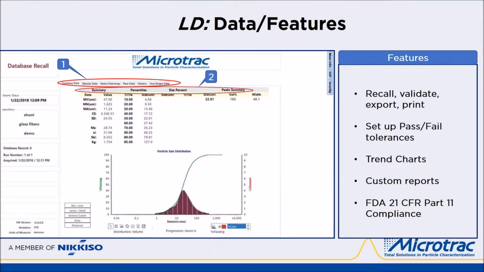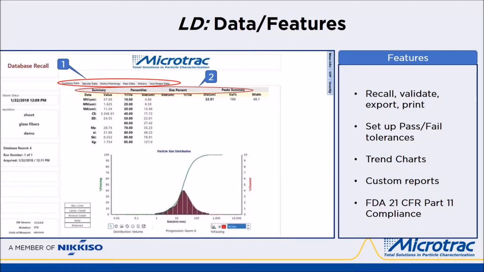A few slides here on the laser diffraction data from the SYNC. Callout 1 here shows the various tabs for the overall SYNC software data: summary data, tabular data, raw data, set zero calibration data, and the tab for size and shape for access to the image analysis post-measurement software. Below that row, callout 2, is the laser diffraction data in this display view.